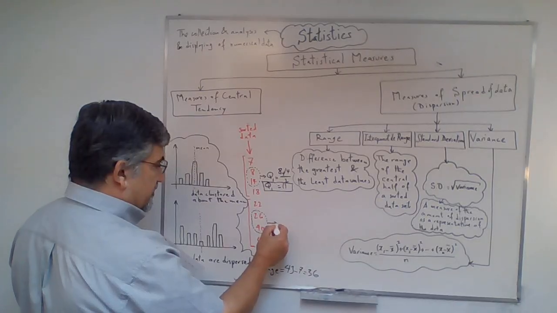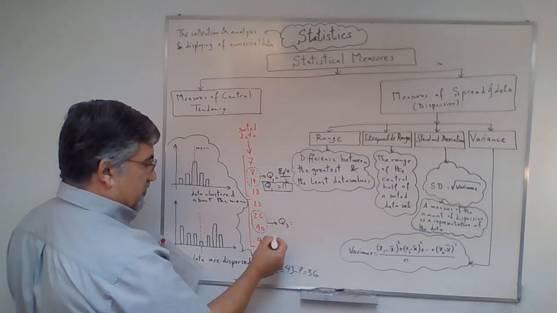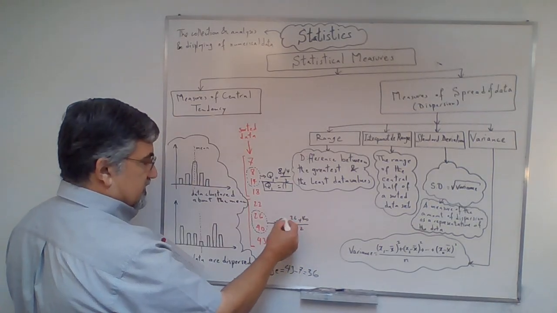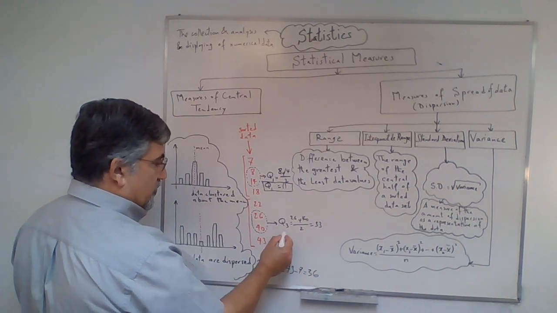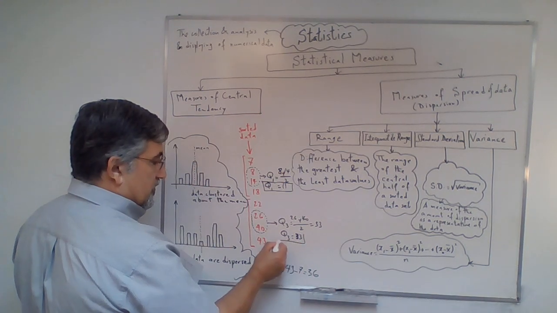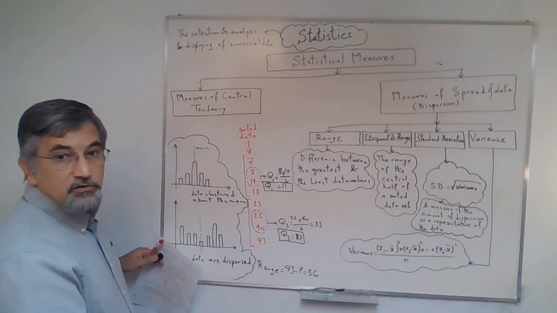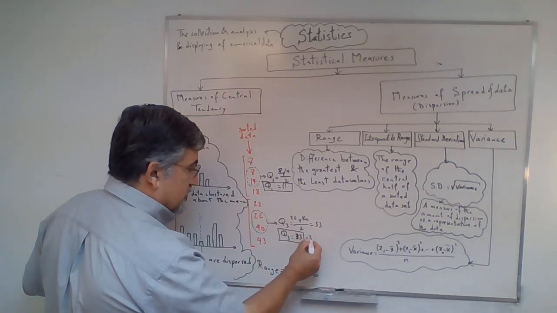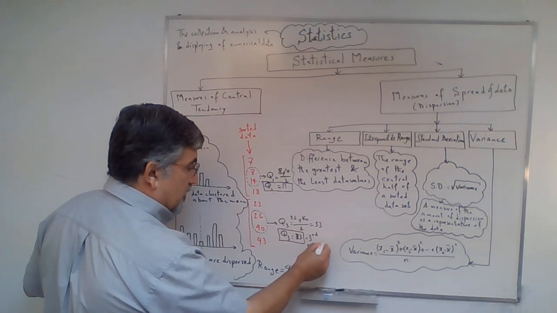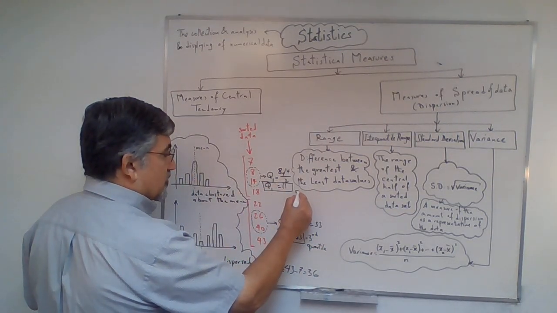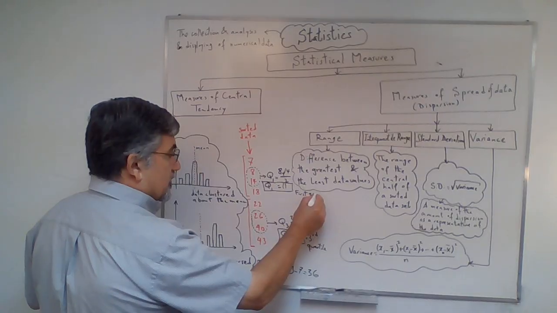We're going to find the third quartile, 26 plus 40, that is 66 divided by 2, which is 33. So the third quartile, Q sub 3, is 33. And Q sub 1 stands for first quartile.